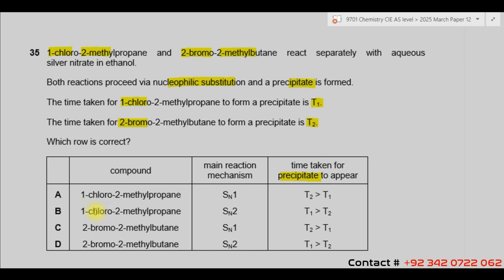So let's draw structures of these two. Compound 1-chloro-2-methylpropane. On first carbon we have chlorine. On second carbon we have methyl. In total we have 3 carbons. Rest are hydrogens.